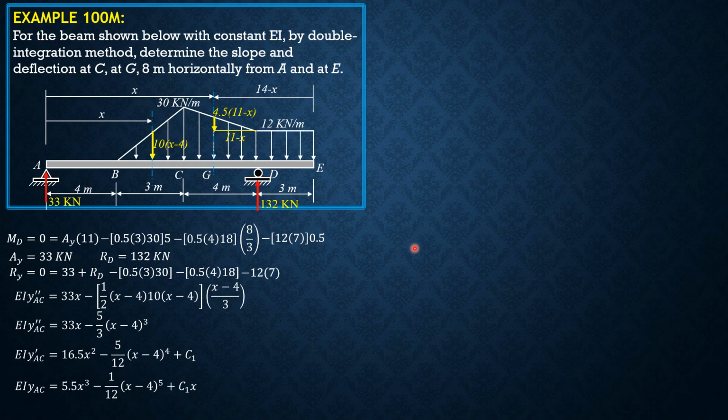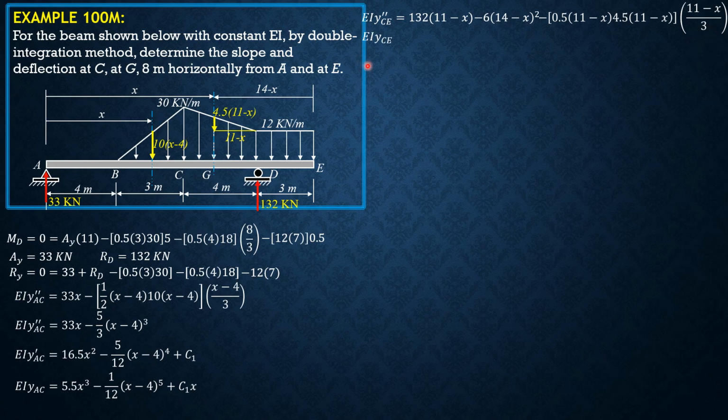So therefore, the differential equation of the elastic curve for portion CE, EI y double prime CE, is 132 times quantity 11 minus x, minus 12 times 14 minus x times 14 minus x over 2, so minus 6 times quantity 14 minus x squared, then minus the moment of this triangular loading, 1/2 of 11 minus x times 4.5 times 11 minus x times quantity 11 minus x over 3.